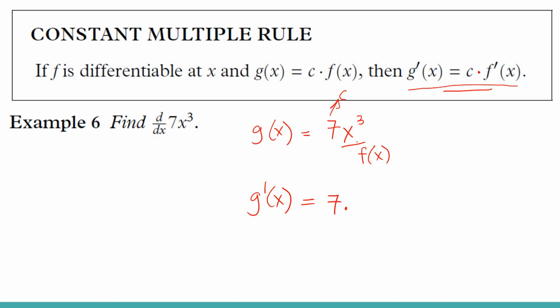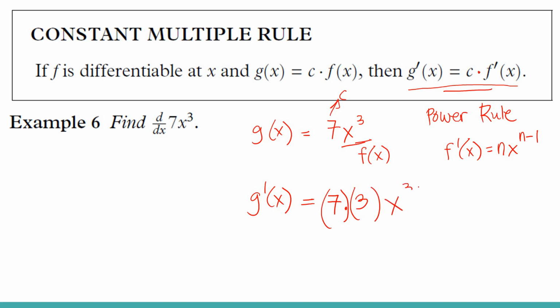For this derivative of x cubed, we can apply the power rule, which is: the derivative of x raised to the power of n will be n x raised to the power of n minus 1. So 7 here times n, which is 3. Let's just use brackets: 3 times x raised to the power of 3 minus 1.